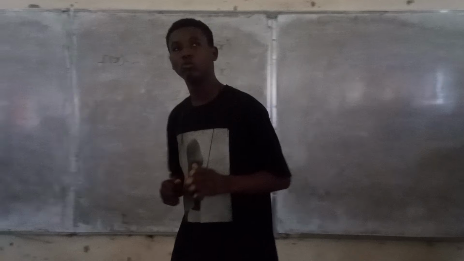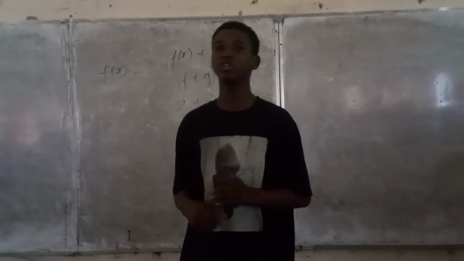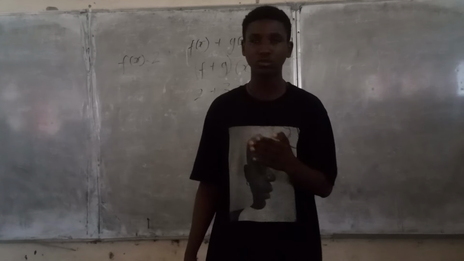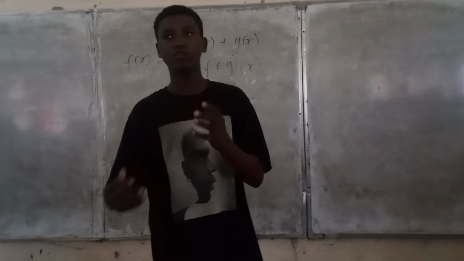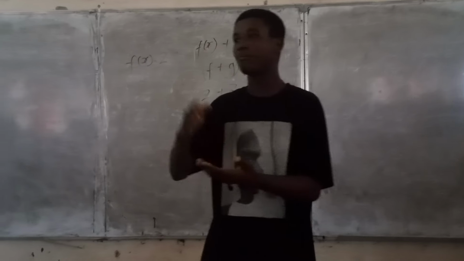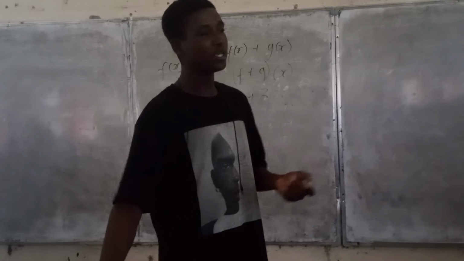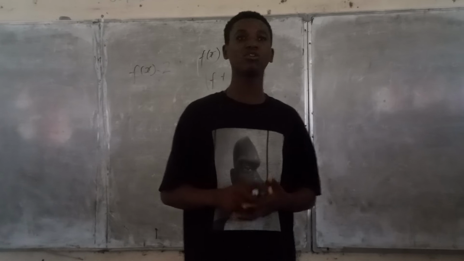Hello everyone, we are here to present on the topic algebraic combination of a function. Algebraic combination of a function has to do with either adding, multiplying, dividing, or subtracting. Then we have basic operations of algebraic combination.